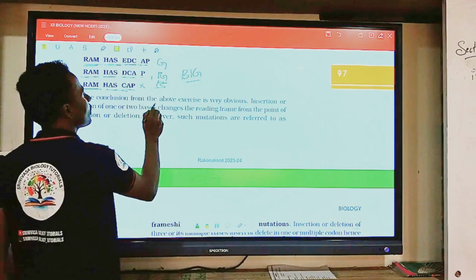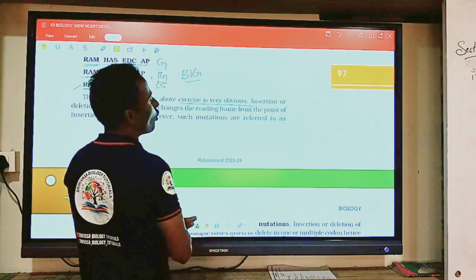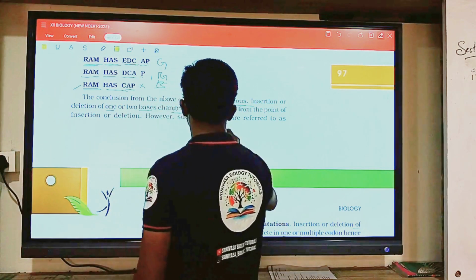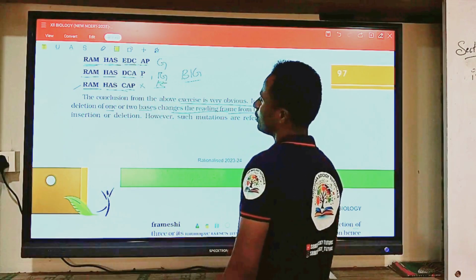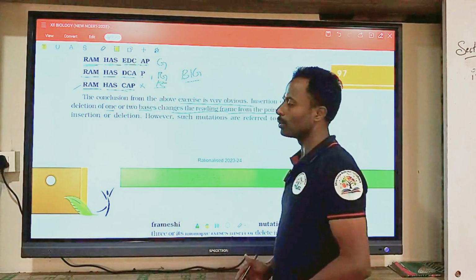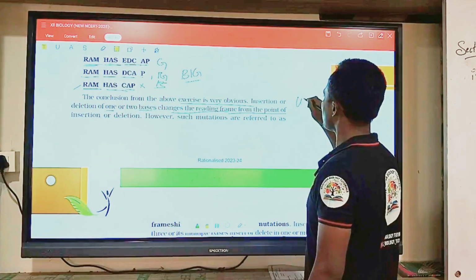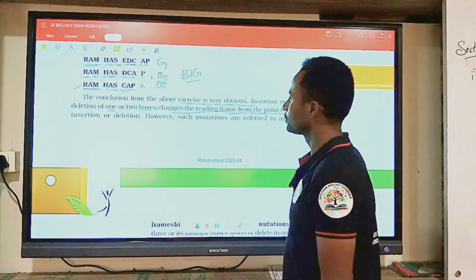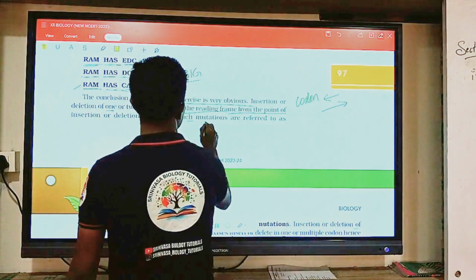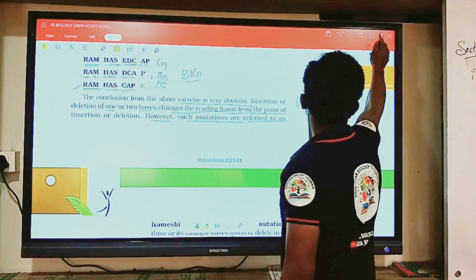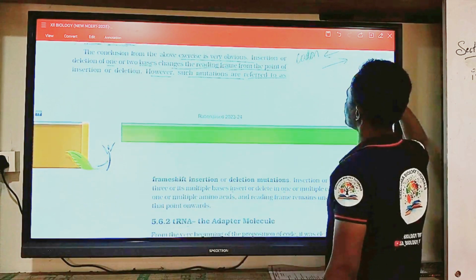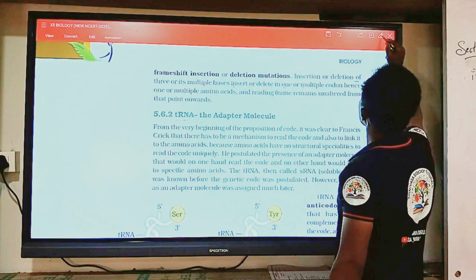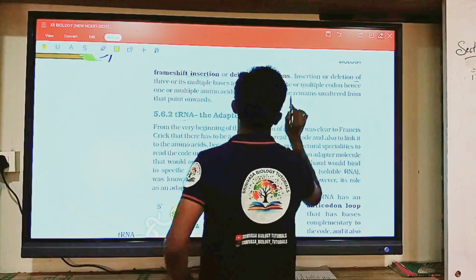The conclusion from the above exercise is very obvious. The insertion or deletion of any one or two bases changes the reading completely, as in a point insertion or deletion. Mostly, any codons get inserted or any get deleted. However, such a mutation is referred to as a frame shift mutation, an insertion or deletion mutation.